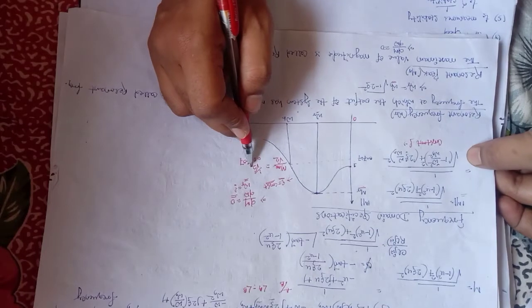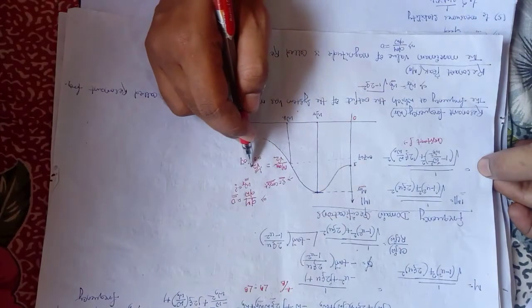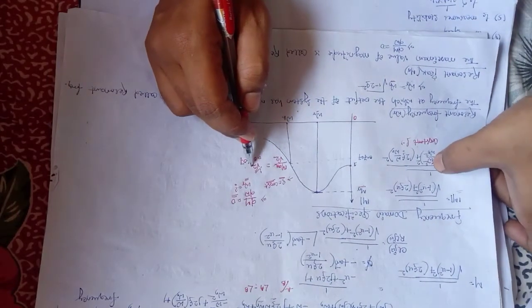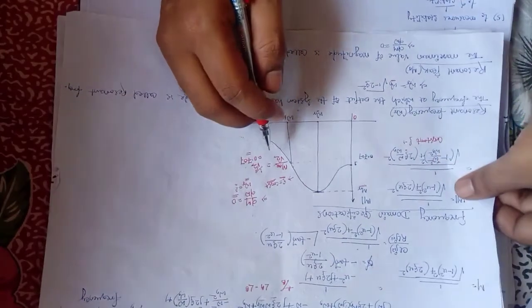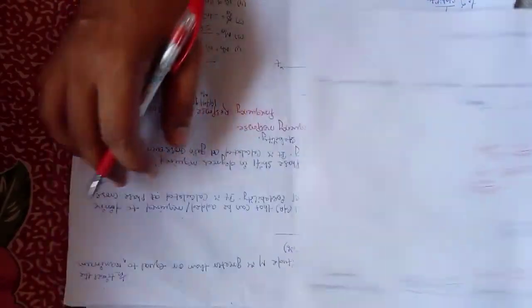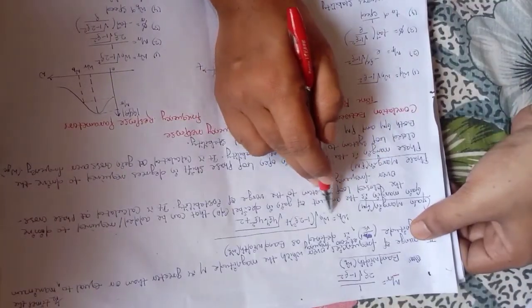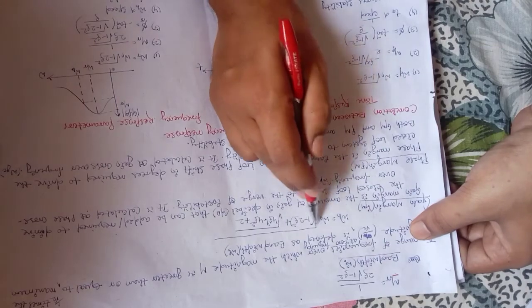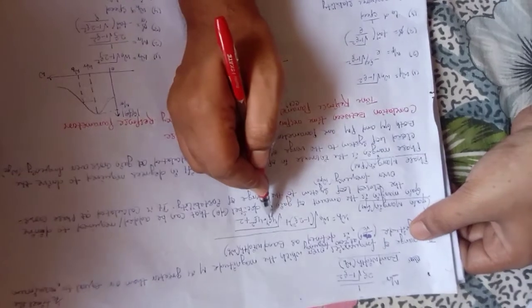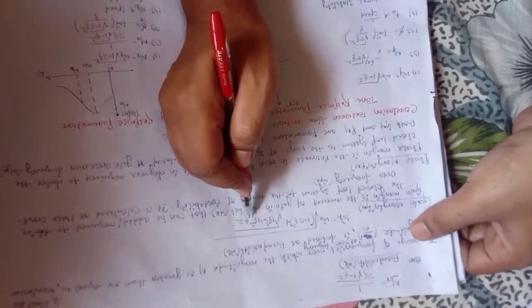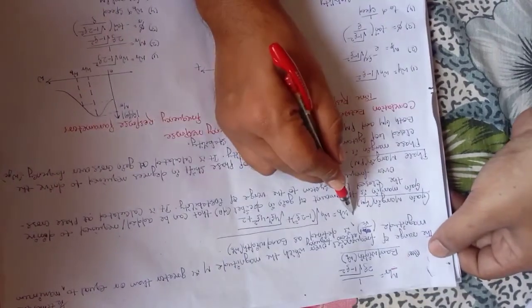I will simply equate this magnitude value to 1 by root 2 and change omega to omega b, because we are finding the bandwidth. By replacing in this manner, we find the formula for bandwidth: omega b equals omega n times root of (1 minus 2 zeta square plus root of (4 zeta to the power 4 minus 4 zeta square plus 2)). Okay, so this is the formula for bandwidth.